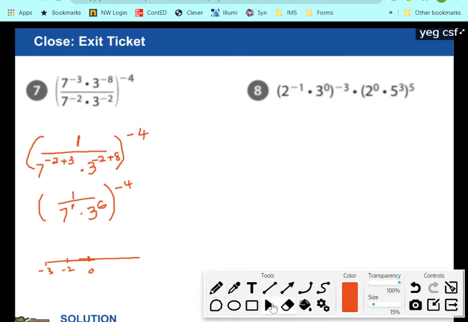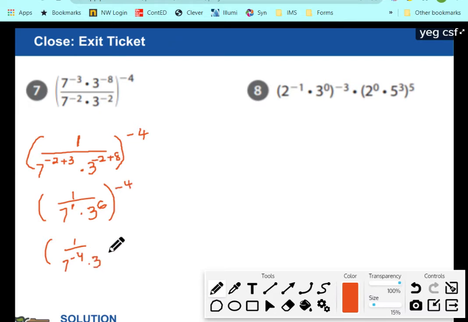Now I see this negative there, so I have to distribute that negative. Then it becomes 7 to the negative 4, and then 3 to the 6 times negative 4, negative 24.